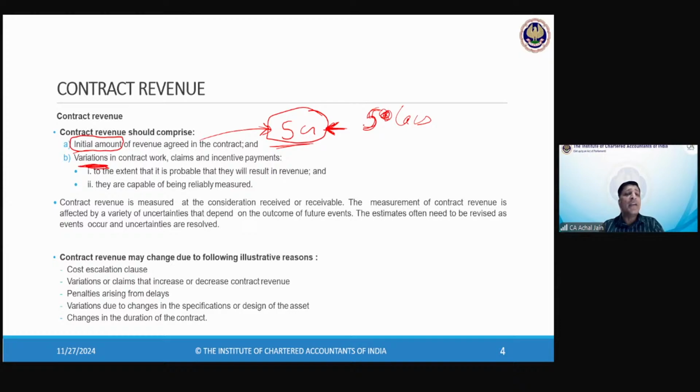Similarly, there could be a penalty. You may say that if you delay, there will be a penalty of say 50 lakhs. Sometimes you can also give an incentive saying the work is required to be completed in 2 years, but for every month in advance that you complete, you will get 10 lakhs more.